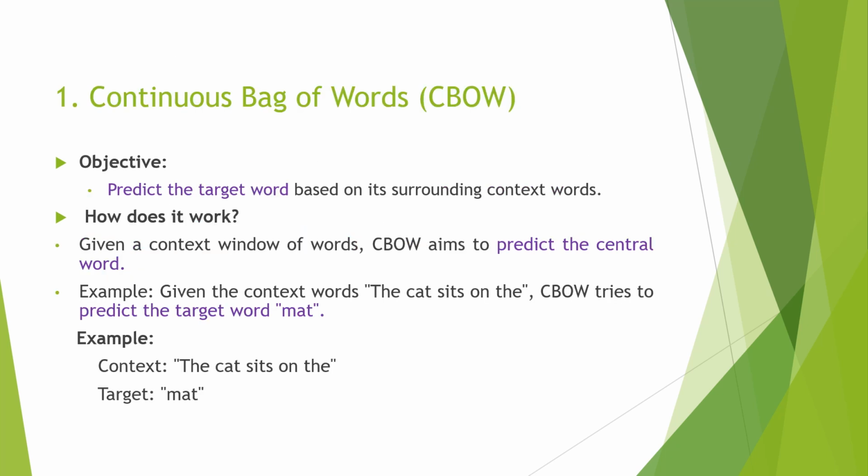First, let's start with the continuous bag of words, CBOW, model. It predicts the target word for a given set of context words. For example, we have the context words "the cat sits on the". For these given context words, it predicts the target word as mat.